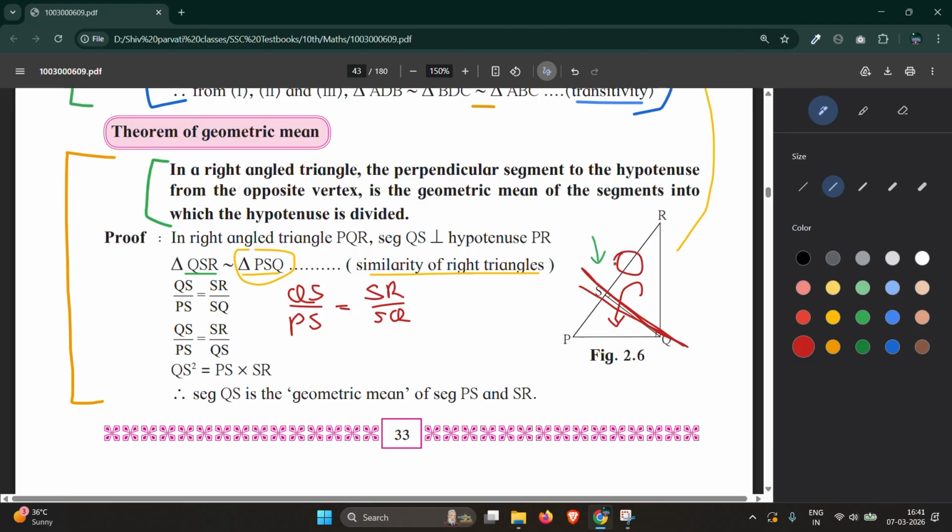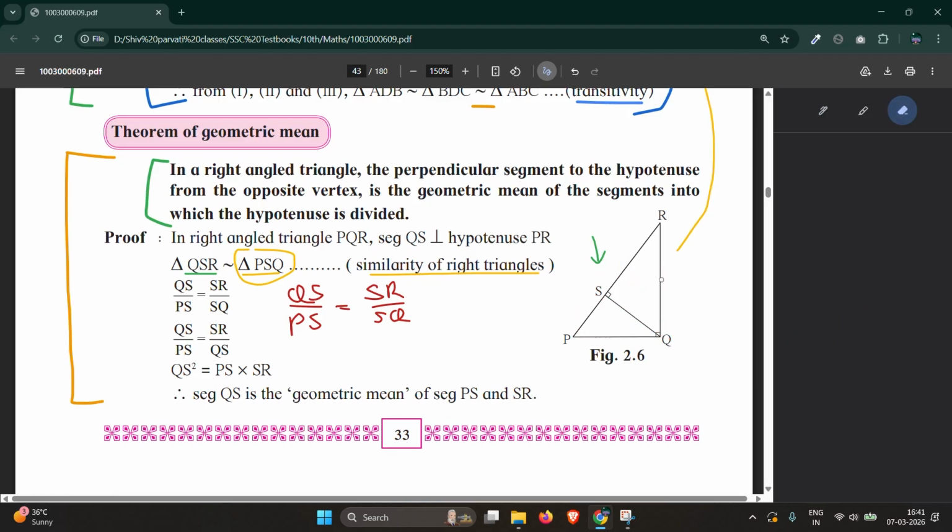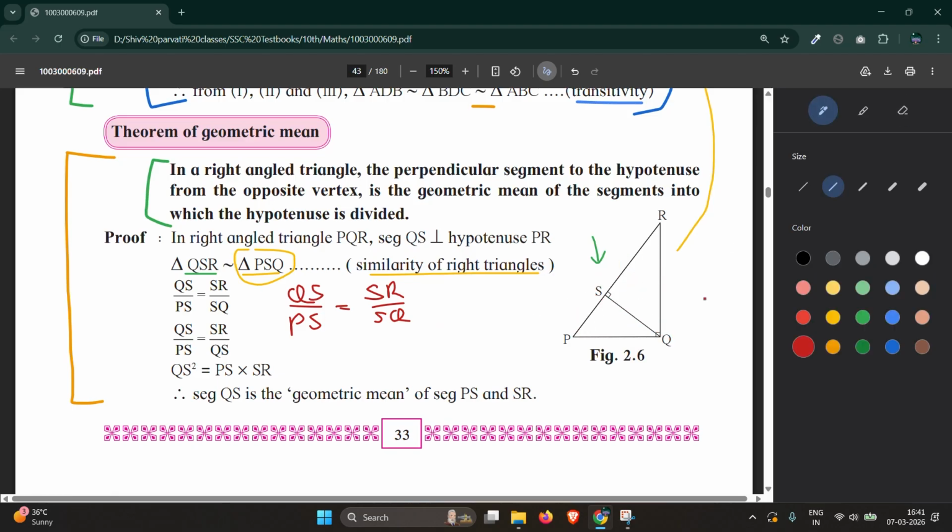So this side corresponds to this side, and this side corresponds to this side of this triangle, and this side corresponds to this side. So because of that, we can say that QS, which is this side, compared with this side over here.